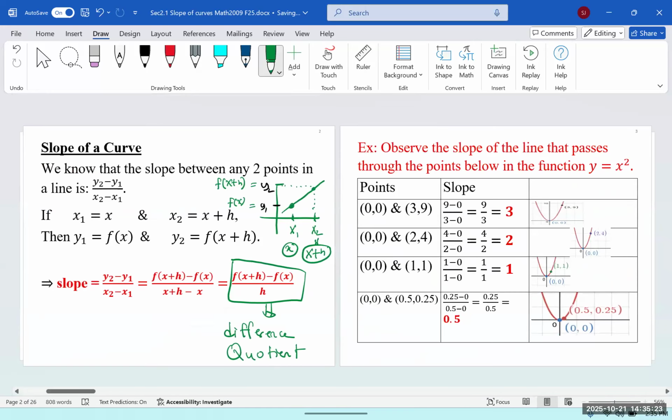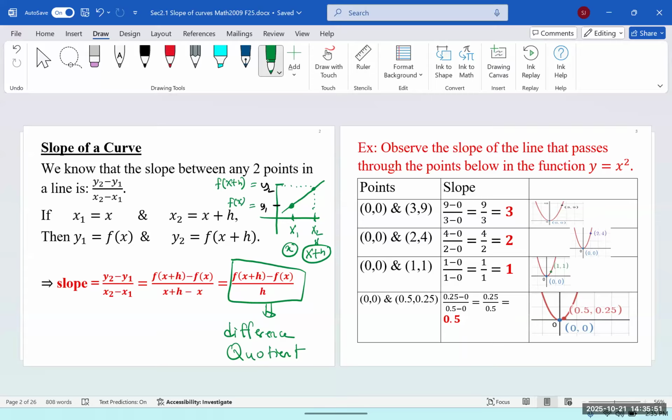Now, here, we are not looking for the slope of a line. We want to find the slope of a curve. A curve could have any shape. One curve is the parabola. Slope needs 2 points, right? So let's say we are taking 0, 0 and 3, 9.